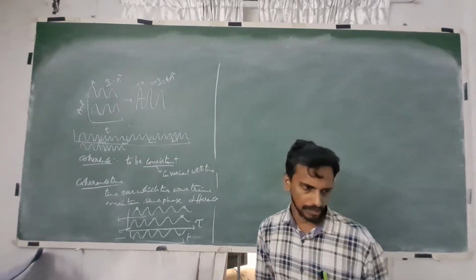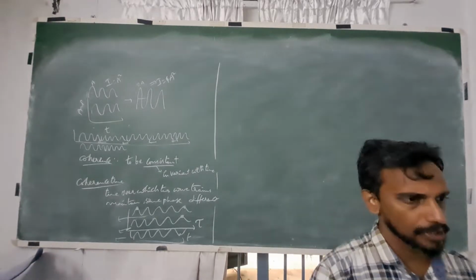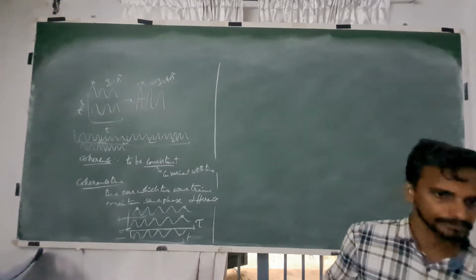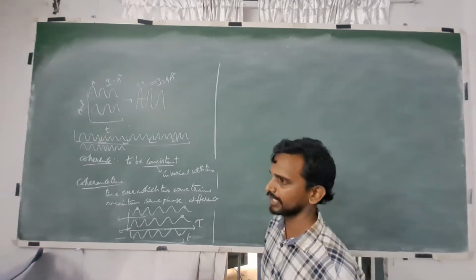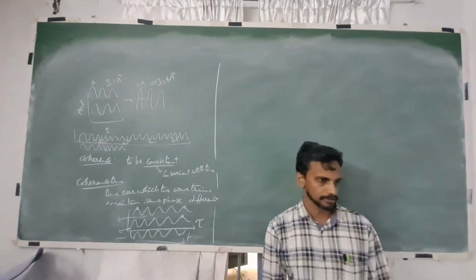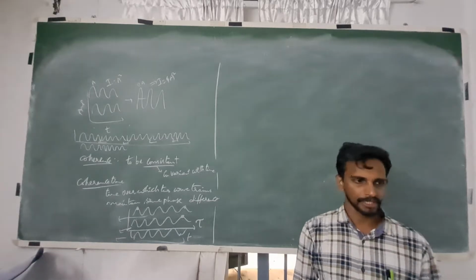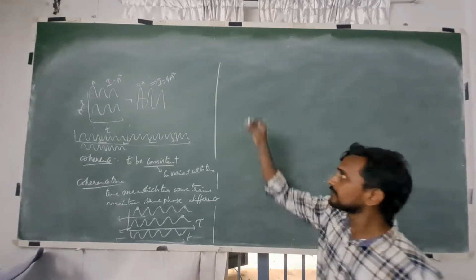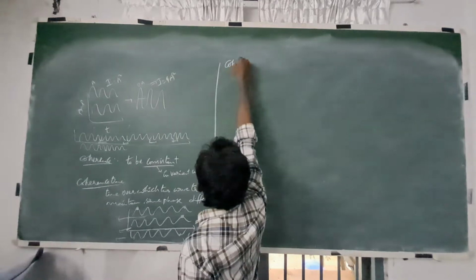So once I define coherence time, I can also define coherence length. So if this velocity of light or electromagnetic radiation is constant in a given medium, I can define coherence length also.